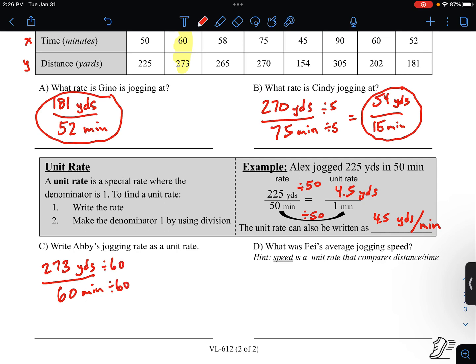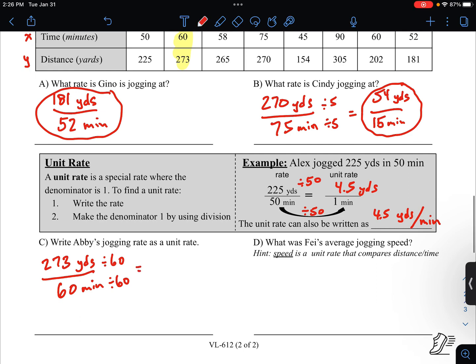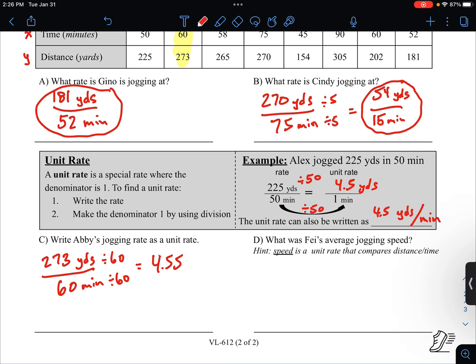Or really, I'm writing this over here, but you could just type in 273 divided by 60, because remember, this is like a fraction, and a fraction is basically a division problem. So 273 divided by 60 gets me 4.55. 4.55 what? You cannot circle that answer. You have to tell me what the unit rate is. So it is 4.55 yards per minute.